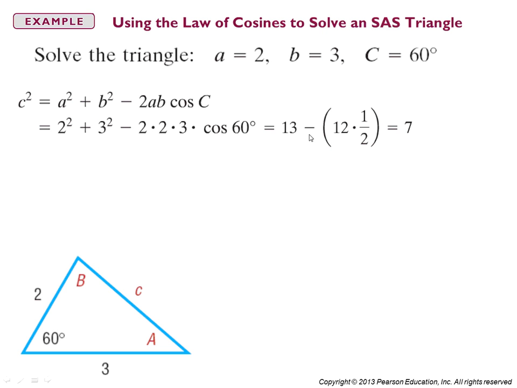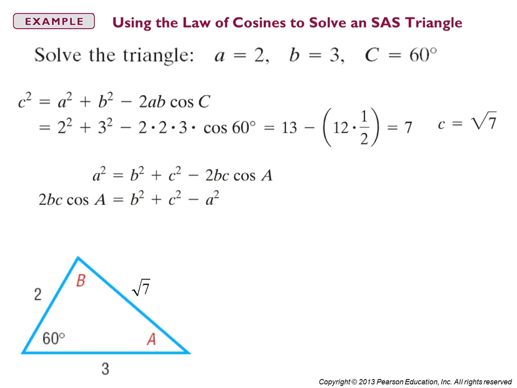And as you can see, that's the way they have done it here. If they're asking for the exact answer, make sure you leave it in root form. If they're asking for an approximate answer, make sure you round it.